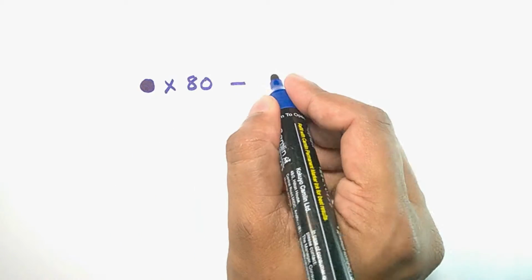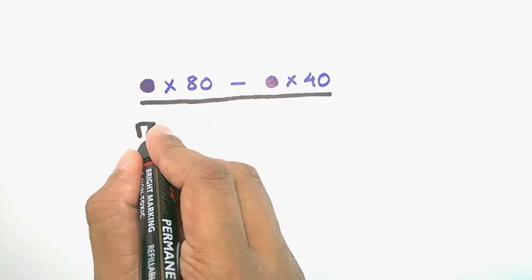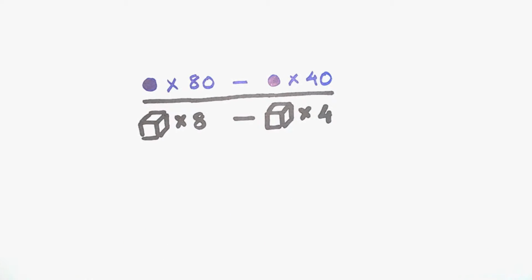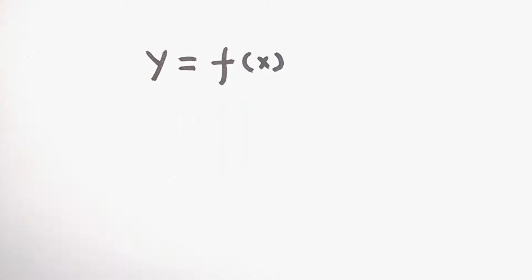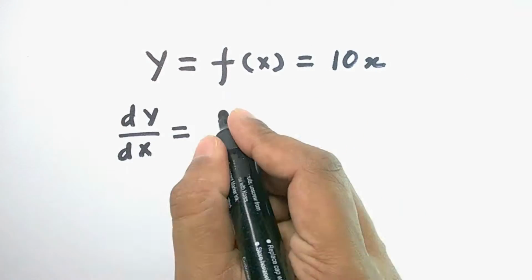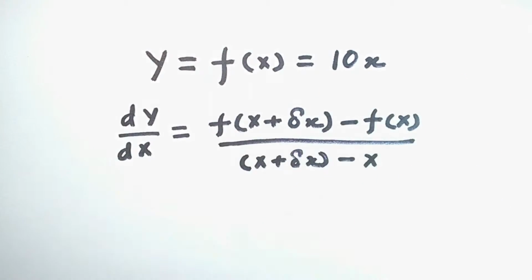If you remember the last video, differentiation is basically the rate of change of a function for the smallest change in the variable it depends upon.